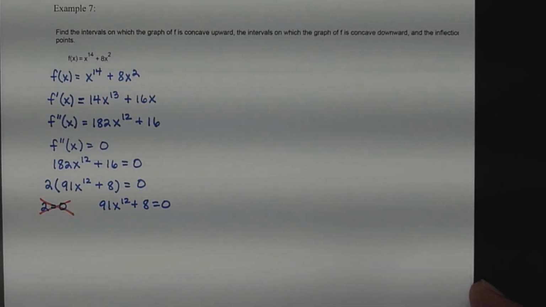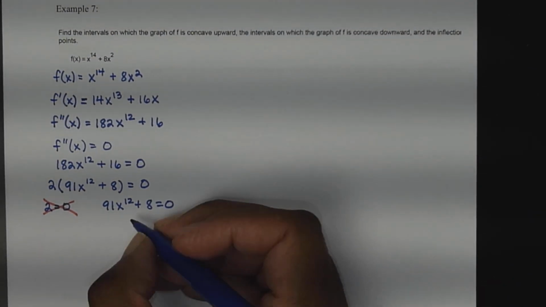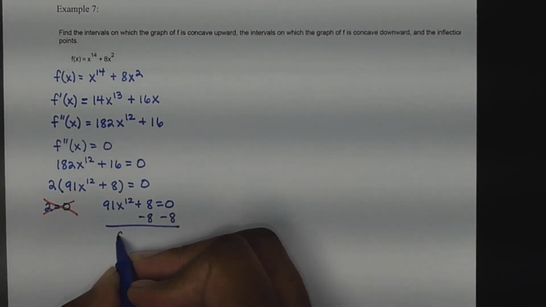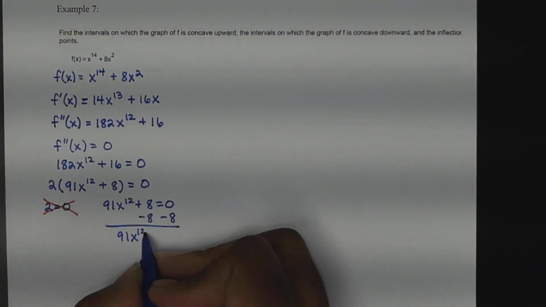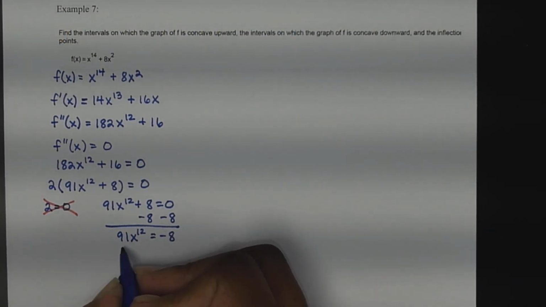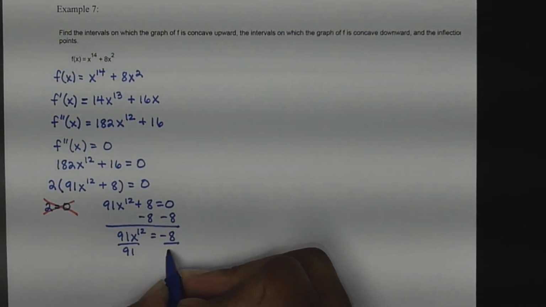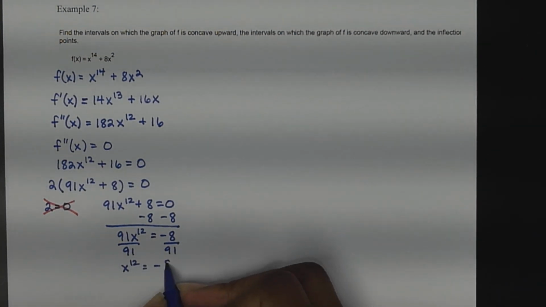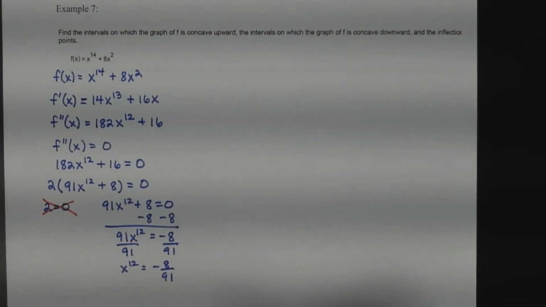I can try to solve 91x to the 12th plus 8 equal to 0 by subtracting 8. That means 91x to the 12th is equal to negative 8. If I divide both sides by 91, I'll have x to the 12th is equal to negative 8 over 91.